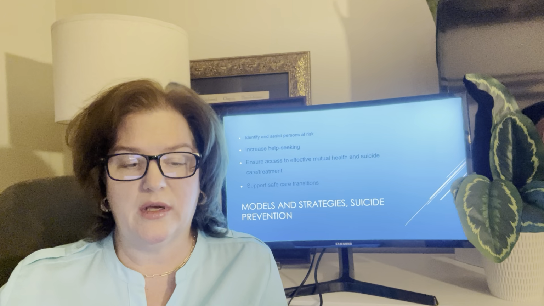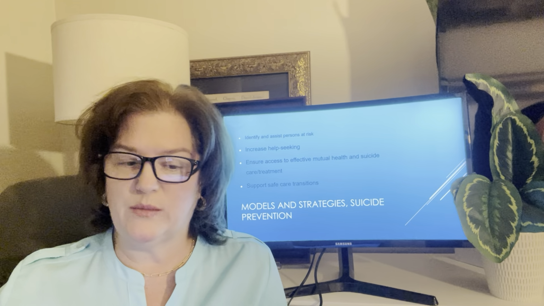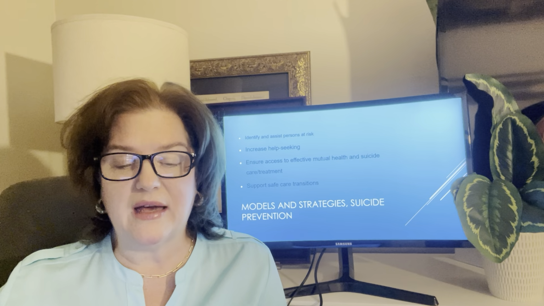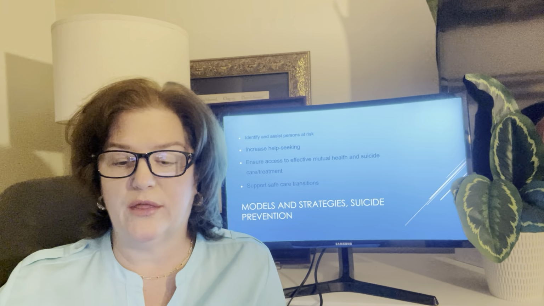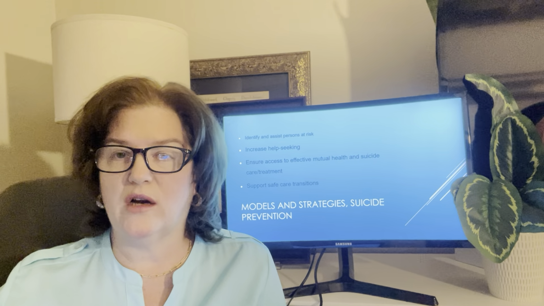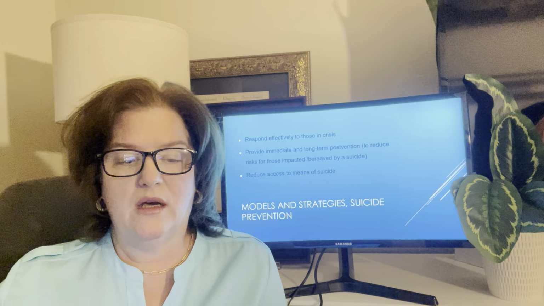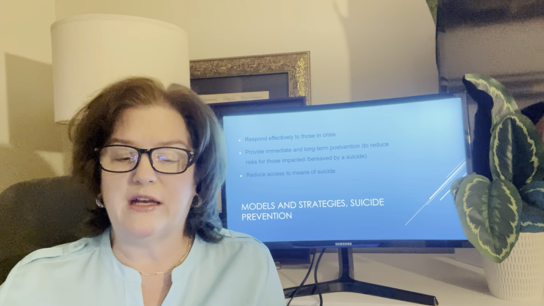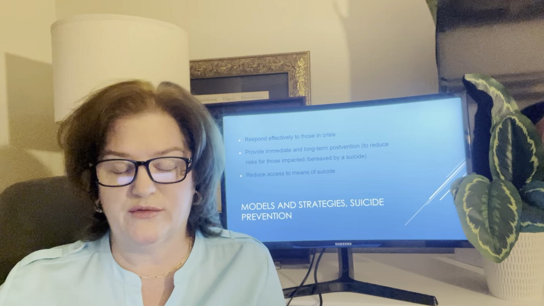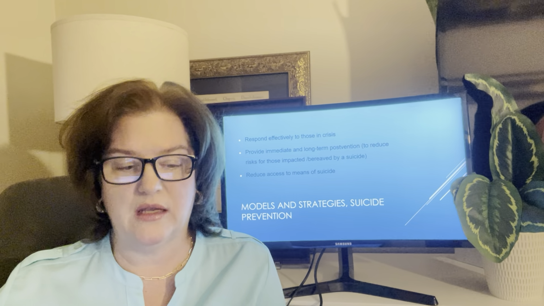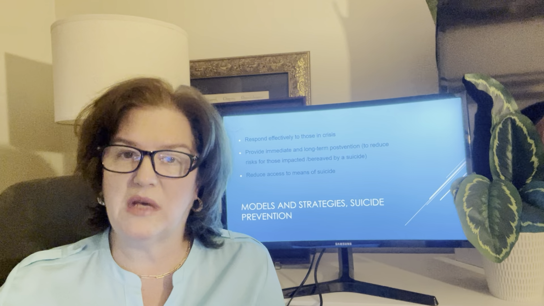These include identifying and assisting persons at risk, increasing help seeking, ensuring access to effective mental health and suicide care treatment, safe support care for transitions, effectively responding to those in crisis, providing immediate and long-term postvention to reduce the risk for those impacted or bereaved by a suicide, and reducing access to the means of suicide.